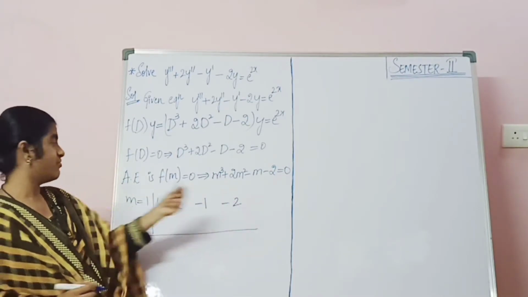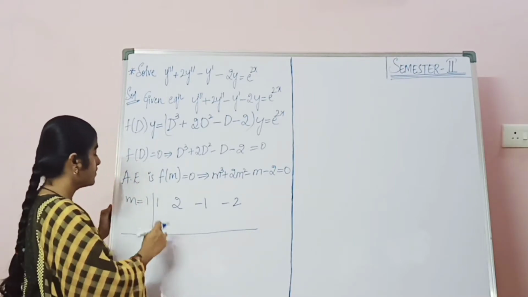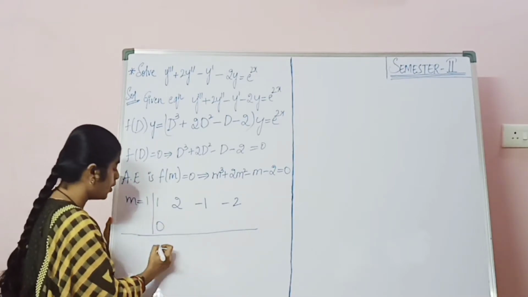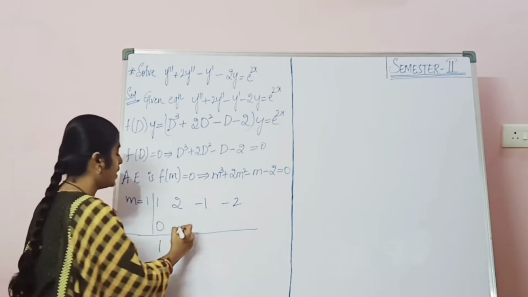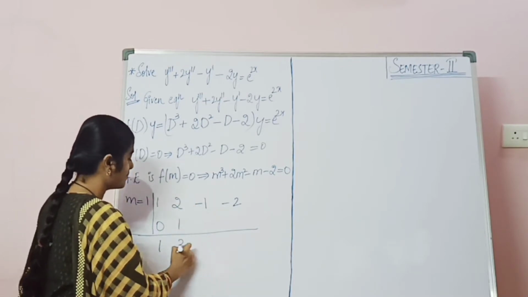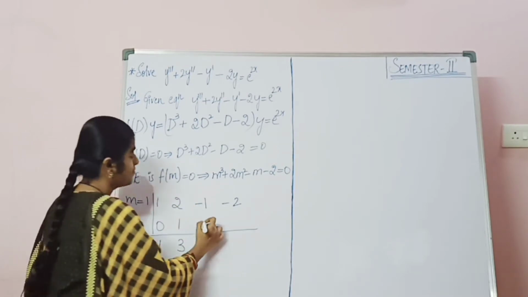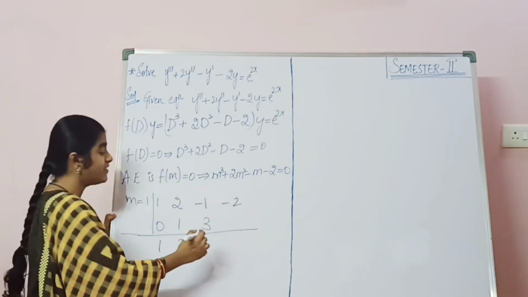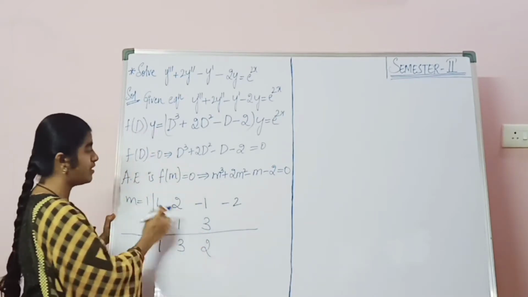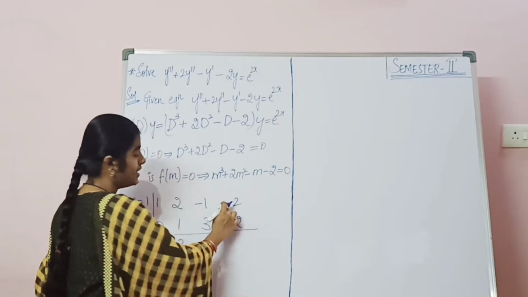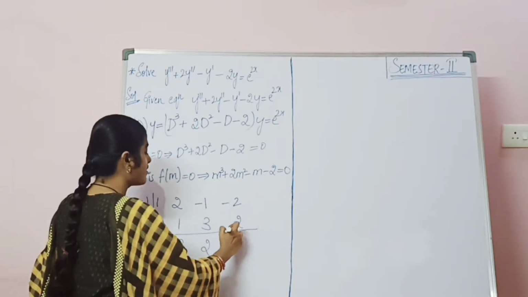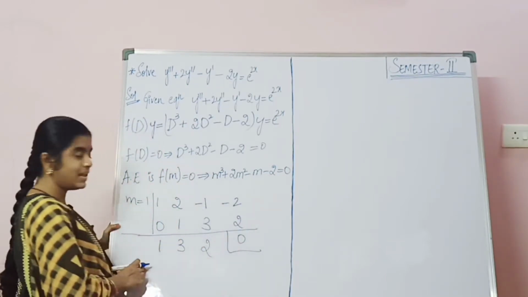Bring down 1; 2 plus 1 is 3; minus 1 plus 3 is 2; minus 2 plus 2 is 0.